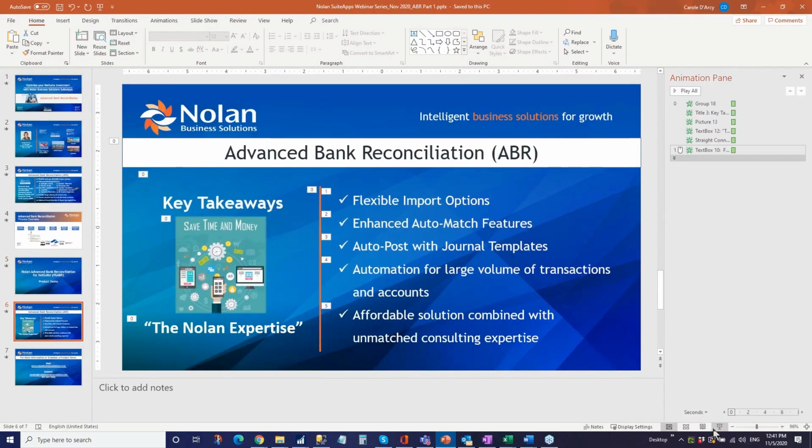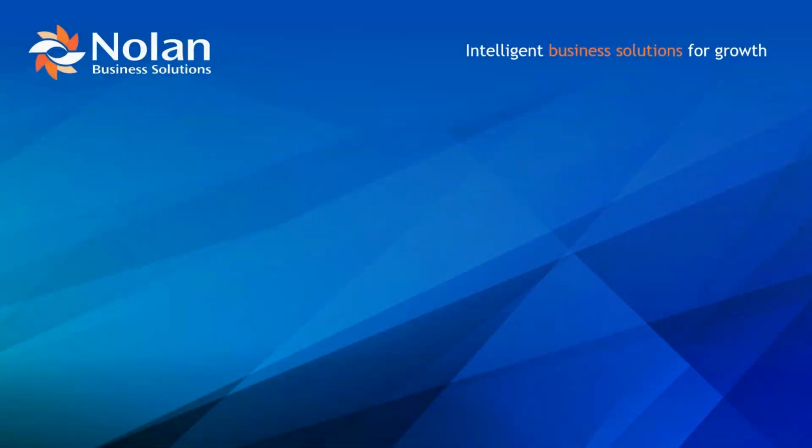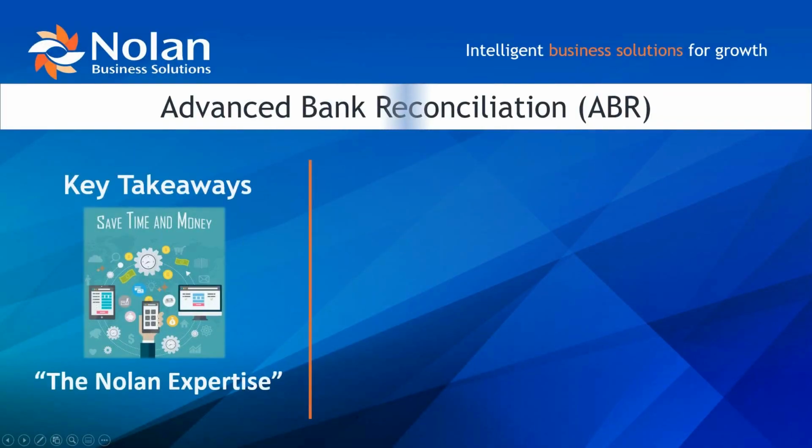So in summary, and to conclude, essentially our advanced bank reconciliation, key takeaways that I want to make sure everybody got from the demonstration and the discussion today: our tool, in comparison to native NetSuite, will offer a lot more flexible import options so that you can bring in the data that you need to facilitate your reconciliation efforts.